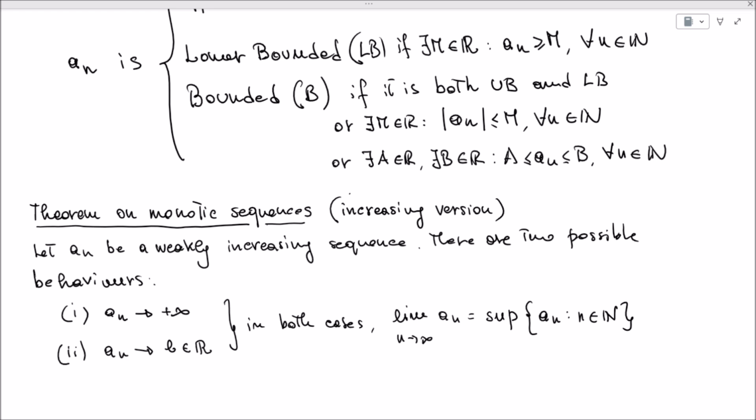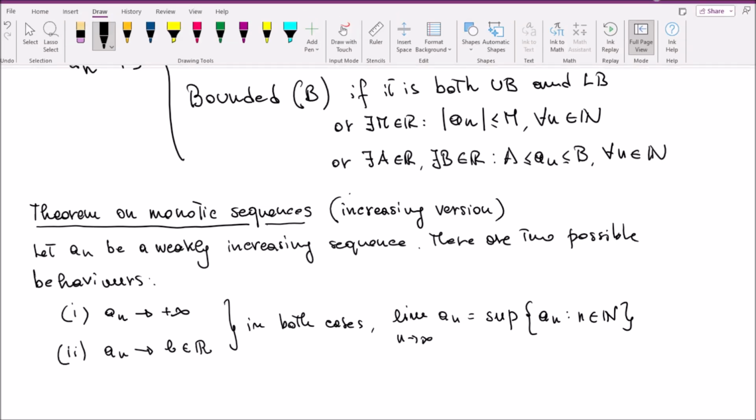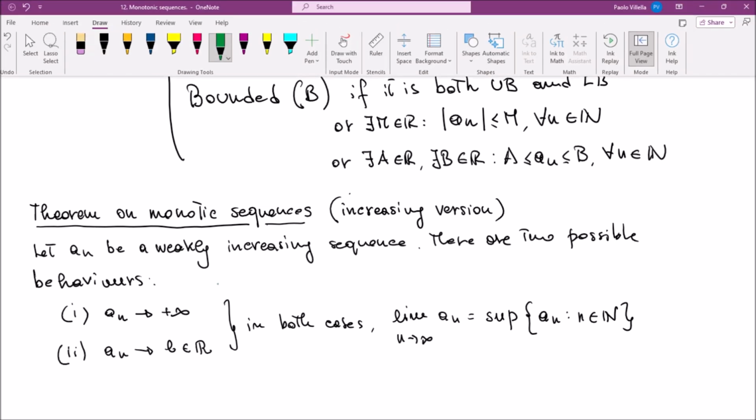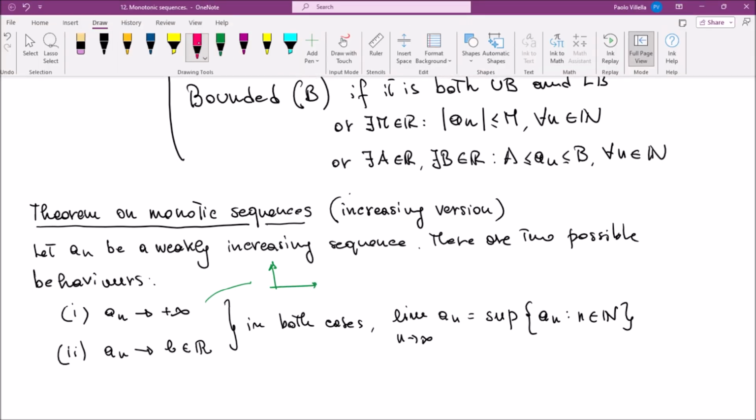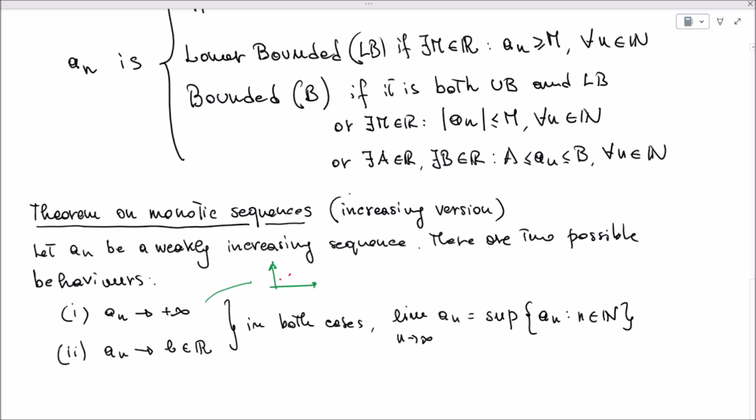Okay, so what we are saying is that if we have a sequence which is weakly increasing, we can only have these two possibilities. We can visualize this. Basically, this first idea is just like having a sequence that clearly will diverge to plus infinity.